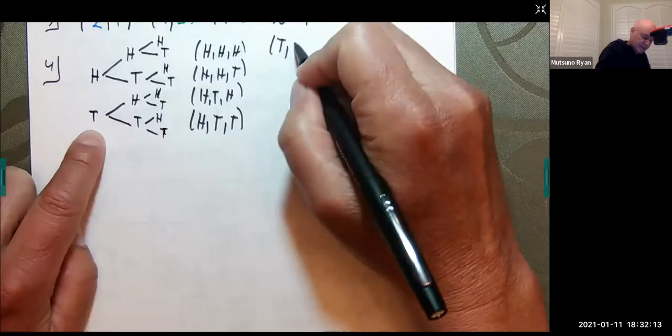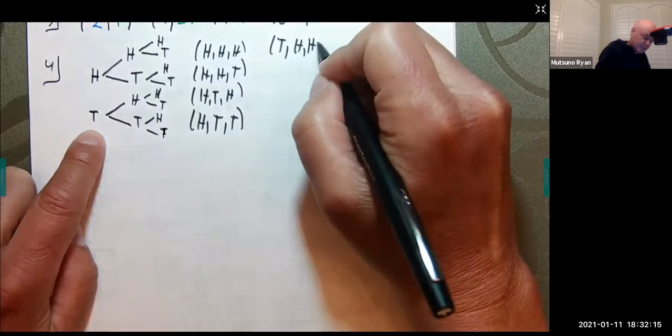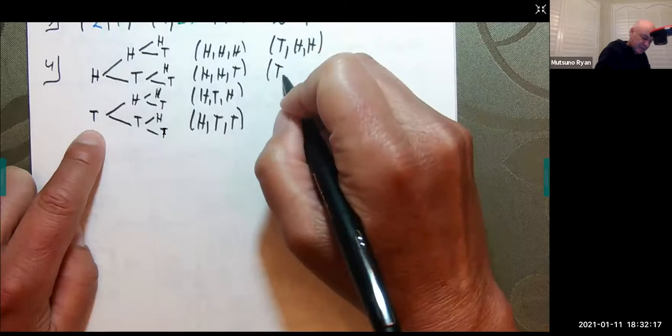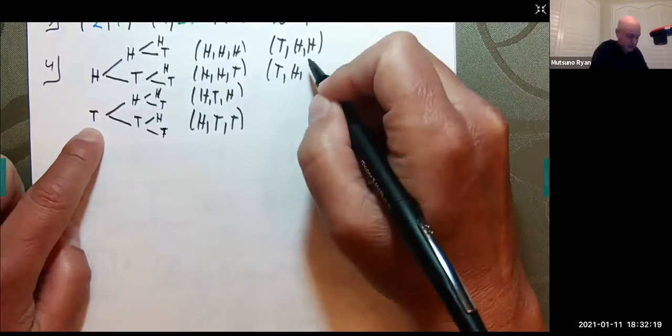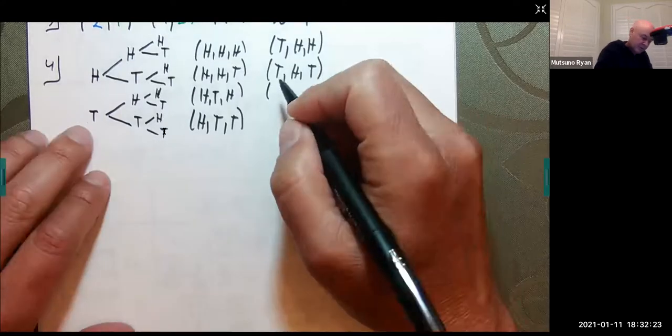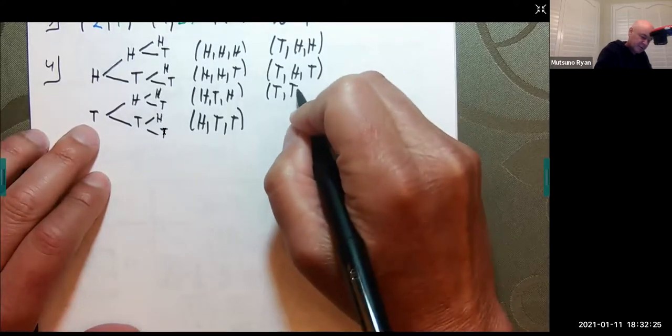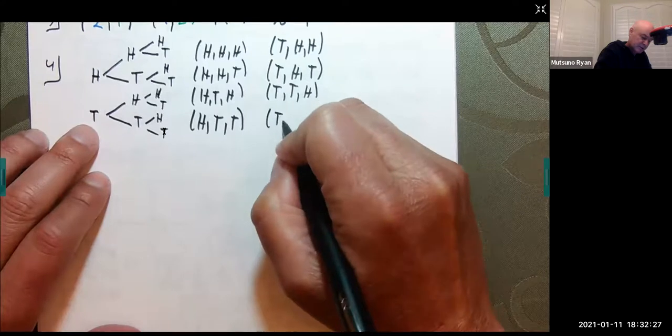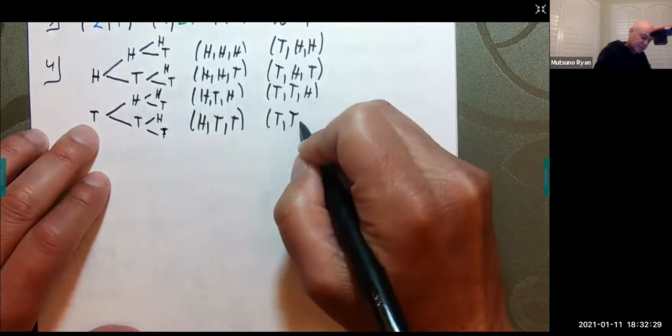T, H, H, T, H, T, T, T, H, and then T, T, T. And you can see there's a total of 8 in this sample space.